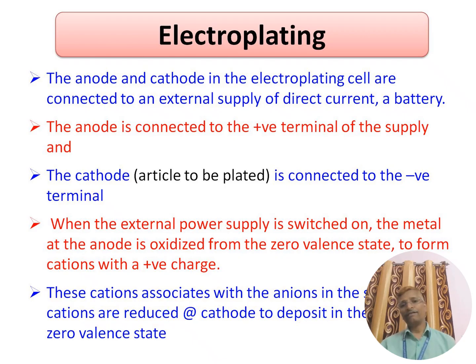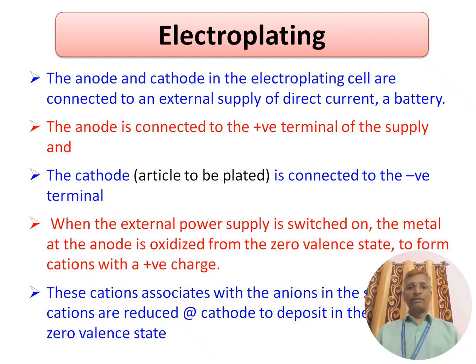Before that, let us see how the electroplating setup is arranged: an anode, a cathode, an electrolyte solution, and the connection between the anode and cathode. Very simple setup. The anode and cathode should be connected via a battery. An electrical power supply is required in the presence of an electrolyte.